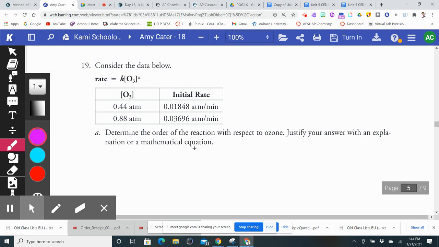All you have to do is look at what's happening to the concentration of ozone. It doubled. What happened to the rate? It doubles. If they both double, what's the order? 1. So n equals 1. So it's first order.